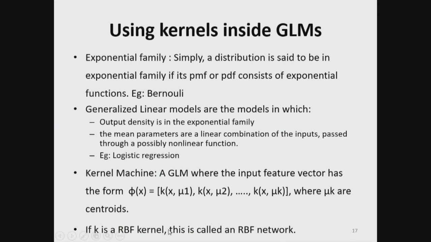Therefore, if k is an RBF kernel, then such a kernel machine is said to be an RBF network, radial basis function network. Those who are familiar with neural networks will recall the radial basis function network. Remember, there the activation functions are radial basis functions. The norm concept is there. Therefore, all these are interconnected.